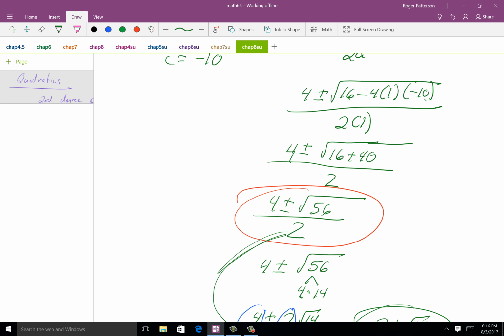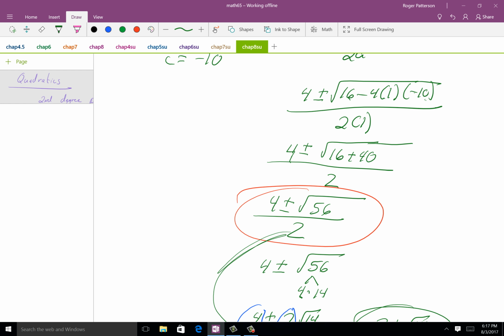This is way better. Okay, so here I'm going to start with a parenthesis first. I'm going to go 4 plus square root. I'm doing the b squared in my head still. Minus 4. There's always 4 there. Times 1 times negative 10.